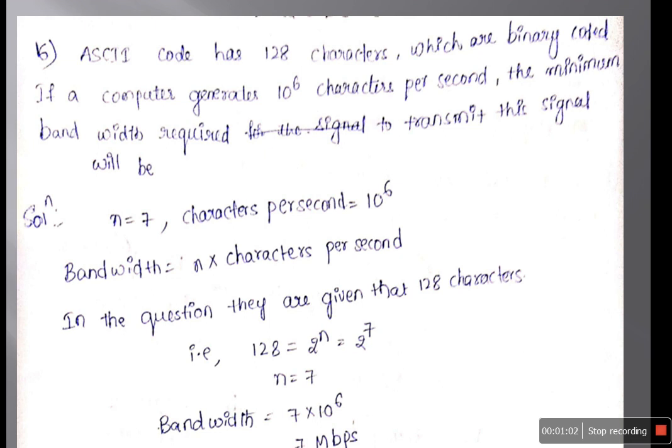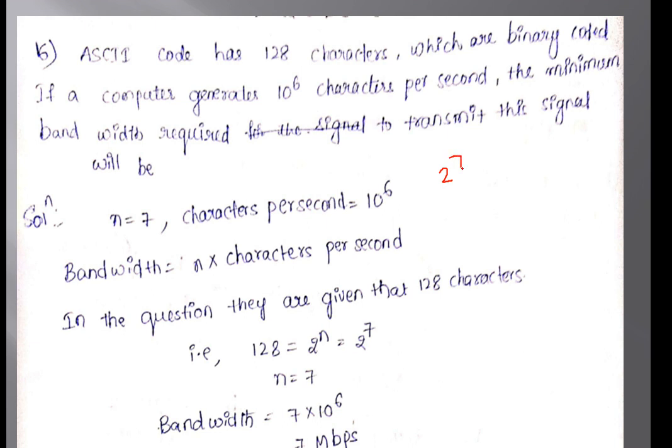In order to find the bandwidth, we need the characters per second. Here they clearly mention that the ASCII code has 128 characters and the computer generates 10 to the power of 6 characters per second. 128 characters means 2 power 7 becomes 128.